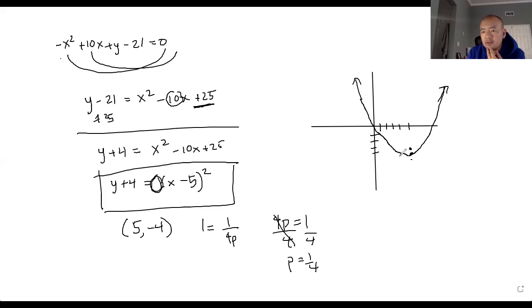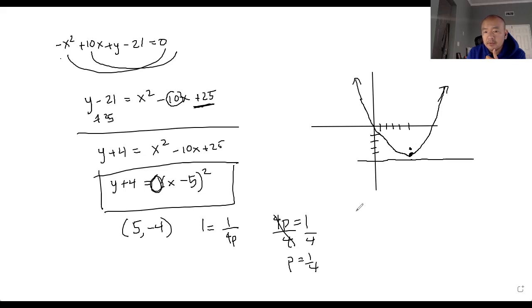So let's just estimate the graph here. Here's the focus, and the directrix will be this horizontal line going this way. Here's the vertex, and you're going to add 1/4 to the y value of the vertex, because you're going up.